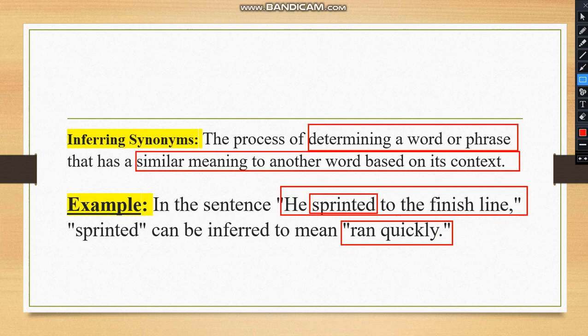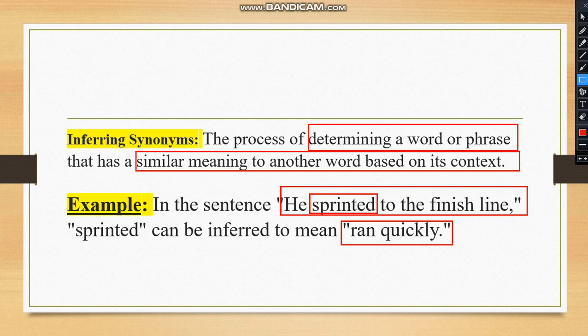Two things here. It's a commonly understood thing that if you are in a race and running towards the finish line, you have to run very quickly. The second thing we understood from the context is that the guy is in a race, running in a competition. So in which manner does he have to run?